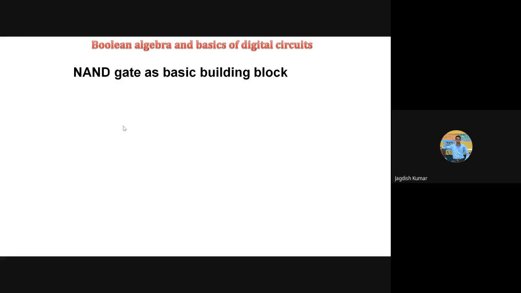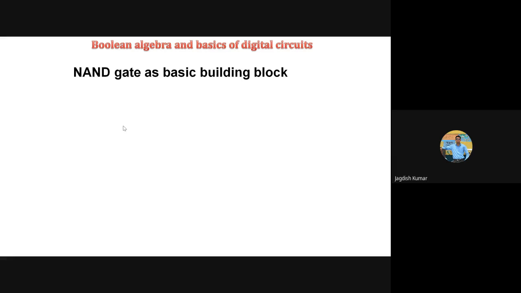But both the NAND and NOR gates have a very great advantage: these can be the basic building blocks of all the digital gates. You take only the NAND gate. Suppose somebody provides you only NAND gates, one sort of gate, and asks you, can you derive any digital circuit with the help of only NAND gates?